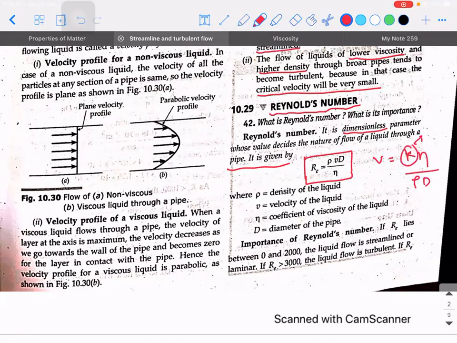If that K value is taken to be Reynolds number Re, then you rearrange the equation, it will be like this. The only difference is, in the previous case, Vc is equal to K times neta divided by rho D, where K is not equal to Reynolds number. I'm just telling you a method to remember.